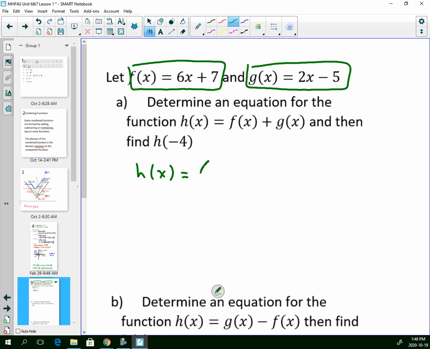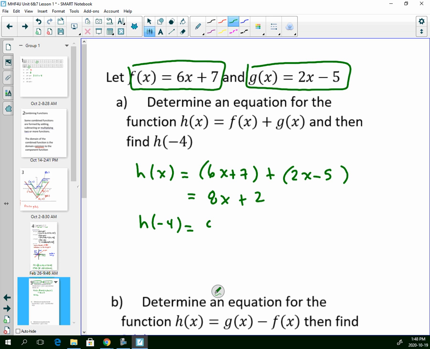All we do is take the two equations and add them together. We'll simplify by collecting like terms, and that's all you can do. You remember that you can't solve it because it's not equal to anything. We don't have any value for this. It's just an expression. And then it asks us to find h of -4.